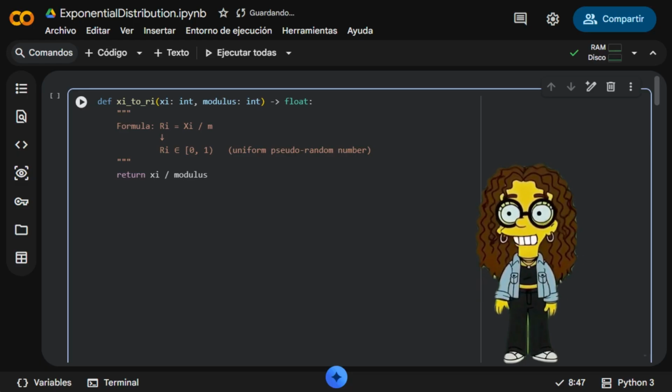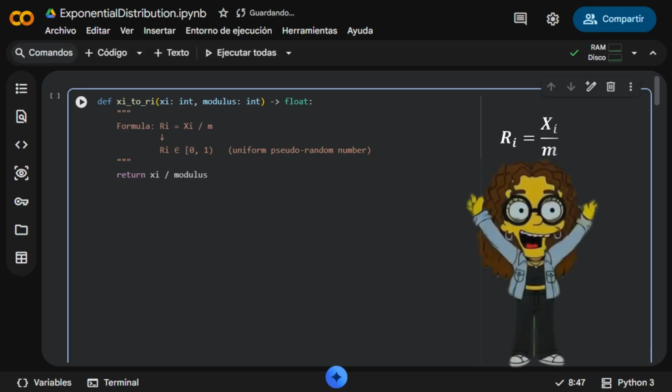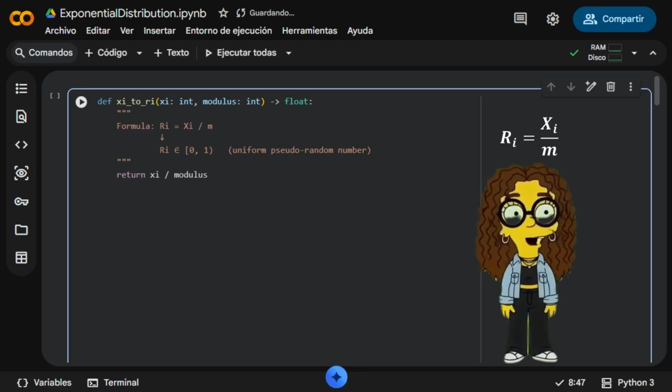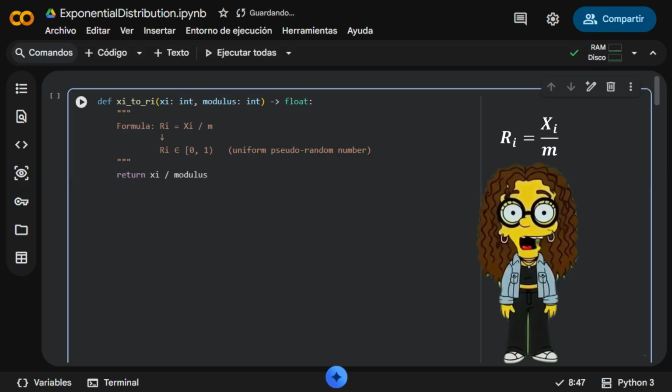What is it for? The uniform transformation formula is used. It is used to obtain a number Ri in the interval 0 to 1, excluding 1, which represents a uniform probability, an essential requirement for the next step.